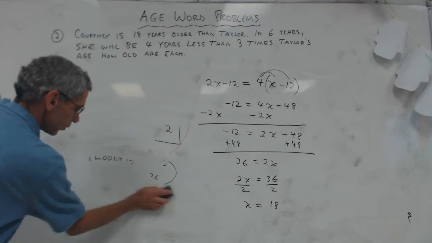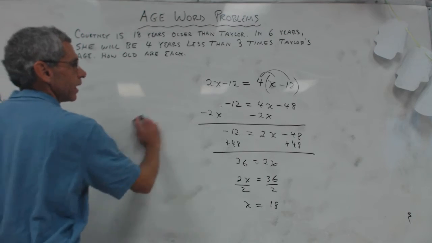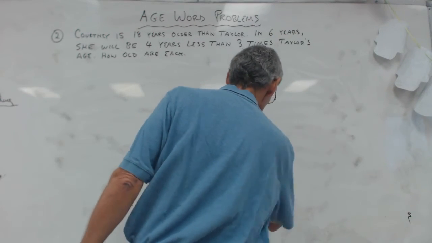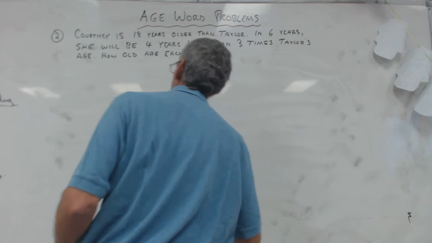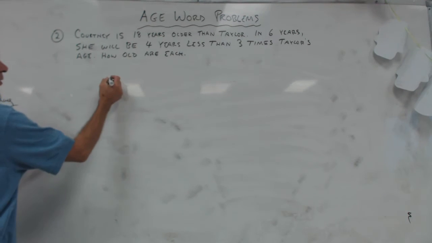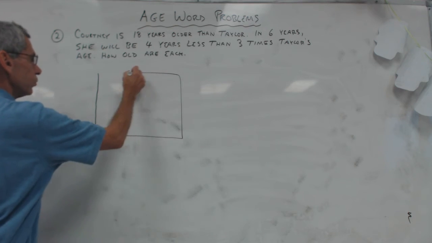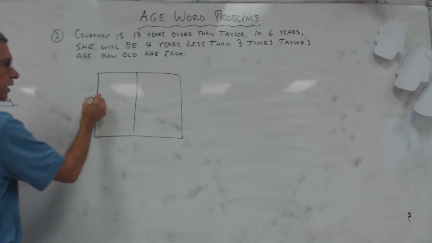So now we have to create our box again. It's going to be the same type of box. We're going to have age now in the first column, but the second column will have a different title. So here's our box. We're going to have 2 columns and 2 rows, because I have 2 people.